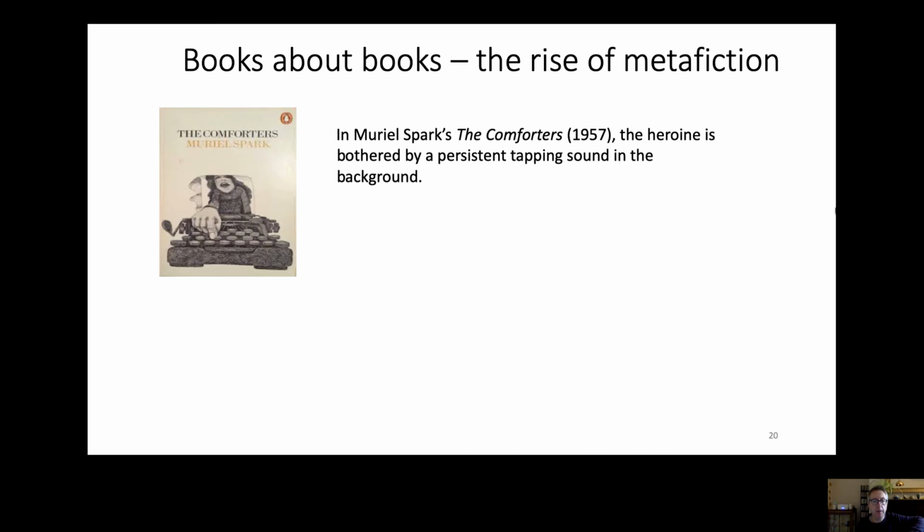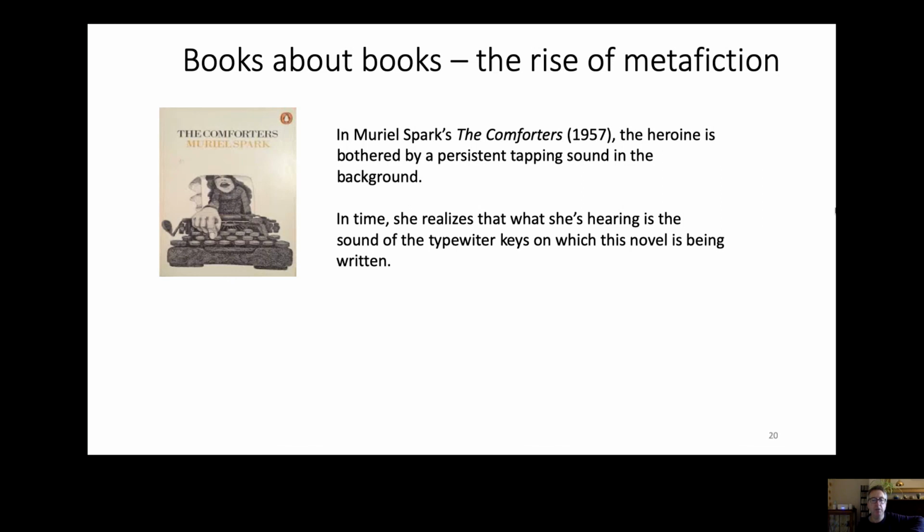There's a novel by Muriel Spark called The Comforters. This is a novel in which the heroine is a young woman called Caroline Rose. As she goes about her daily business, she's been bothered by a persistent tapping sound in the background. In time, she realises that what she's hearing is the sound of the typewriter keys on which this novel is being written.